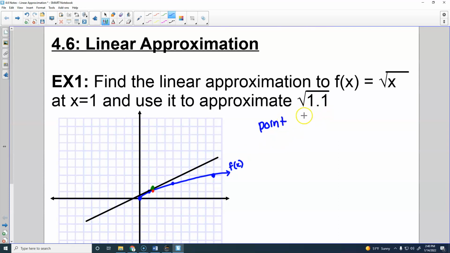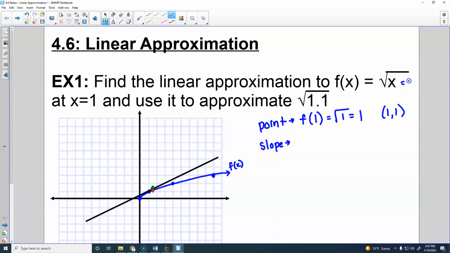All right, so the point is f of 1, which would be the square root of 1, which just gives us 1. So our point that we're using is (1, 1). To find our slope, what do we have to find? The derivative.